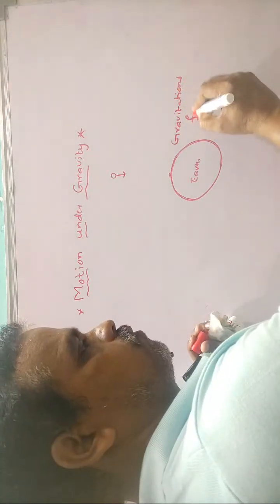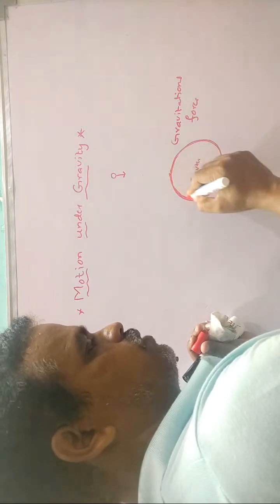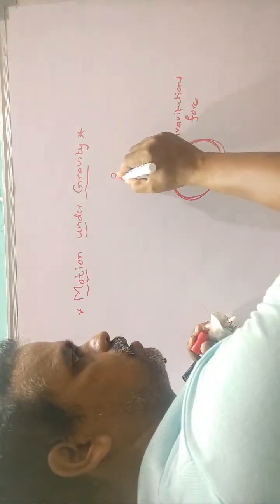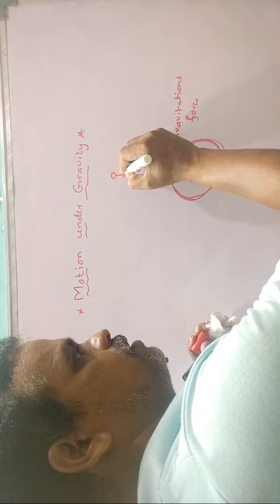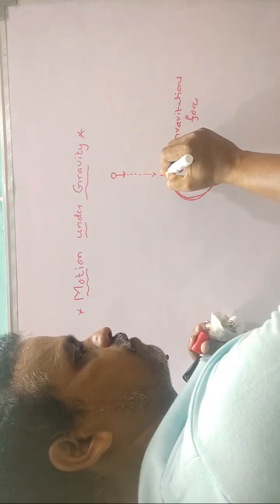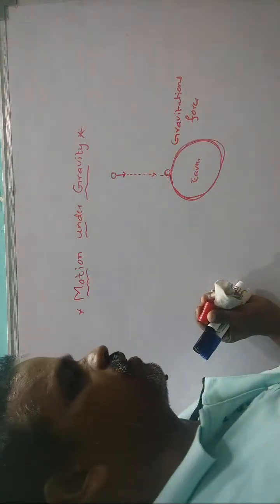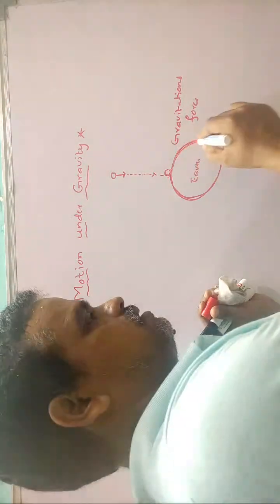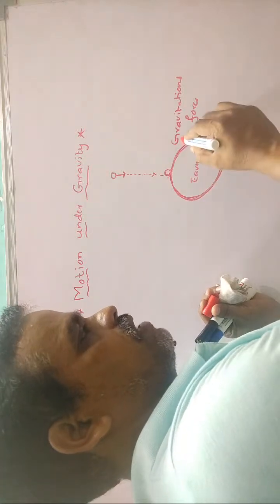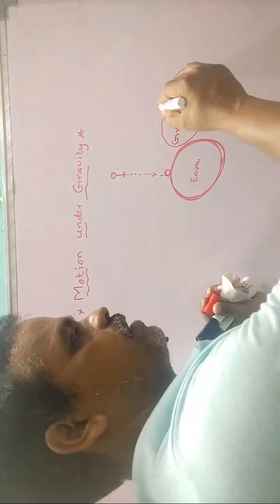Gravitational force. Due to gravitational force, this body comes down and falls on the ground. The gravitational force will come from the earth only.